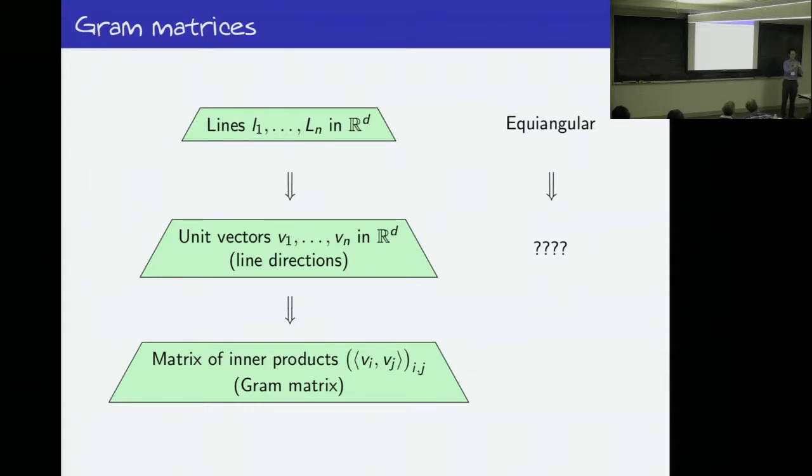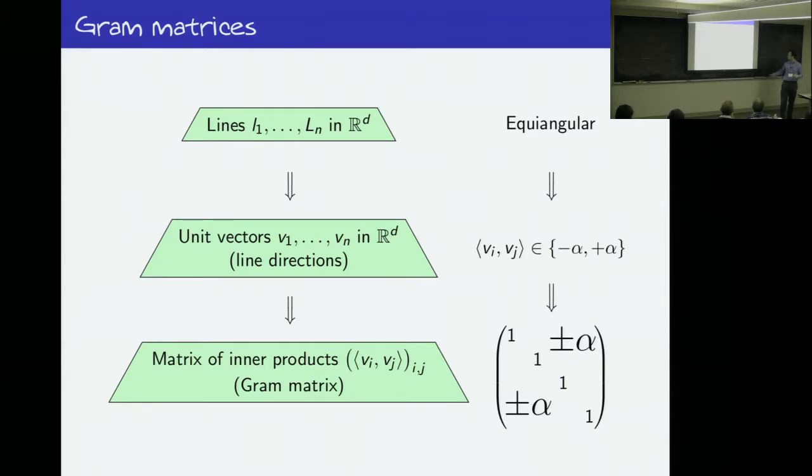Intuitively, basically, because arccosine is not single valued, or conversely, when I choose this vector, I can replace it by an opposite vector. It flips the sign, and this is the only ambiguity there is in the problem. So really, what it will look like, diagonals will be 1, because they are unit vectors, and everything else will be plus or minus some number which is called alpha.